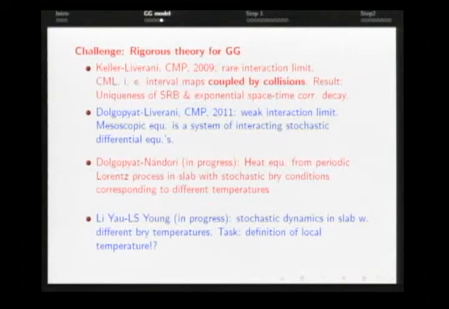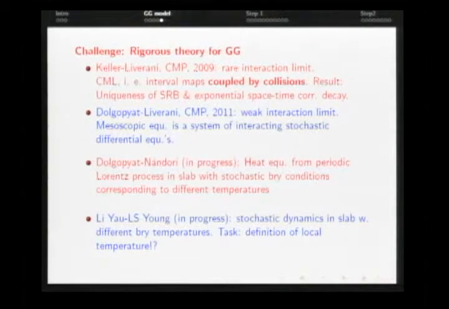And as a limit, they obtained a system of interacting stochastic differential equations. Now, there are two other works in progress which are slightly related, not directly related to the Gaspard-Gilbert model. Dolgopyat and Nándori work on deriving the heat equation from a periodic Lorentz process in a slab.